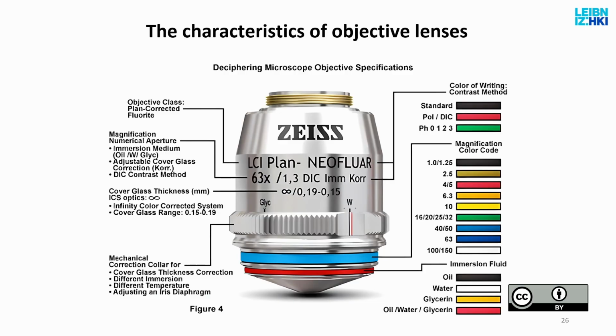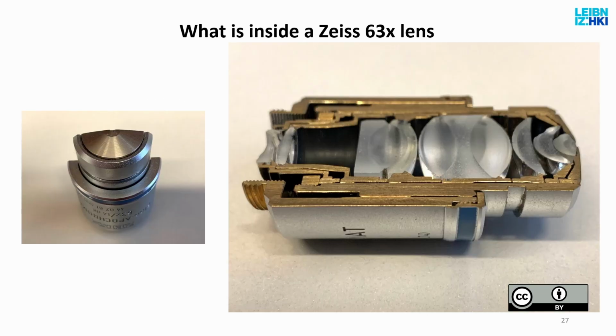And it will indicate other parameters which you don't understand yet, for example, the immersion media that can be used with the objective lens, methods that can be used with transmitted light microscopy, the resolution of the lens, and so on. So we will go through these and learn how these lenses can be characterized in terms of optical behavior.